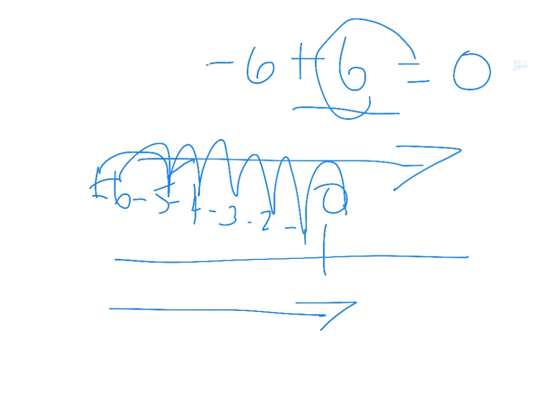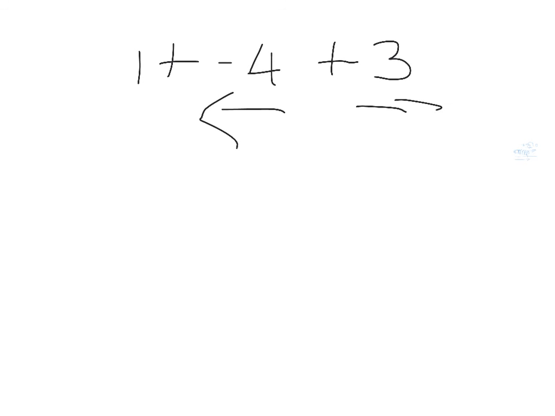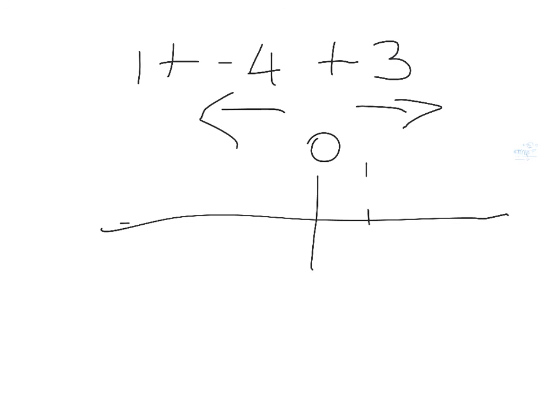Okay, so what happens if I have a question like this? 1 plus -4 plus 3. Okay, so I'm going to go that way along the number line, then I'm going to go back that way along the number line. So I'm going to start at 1. There's my 0, I'm going to start at 1.